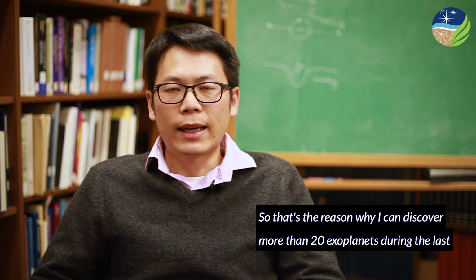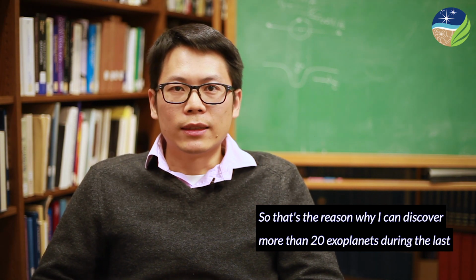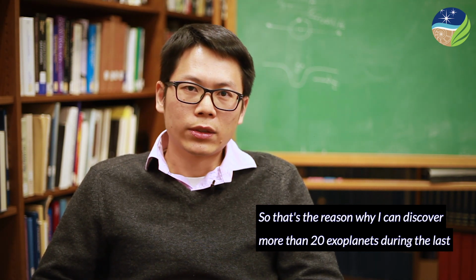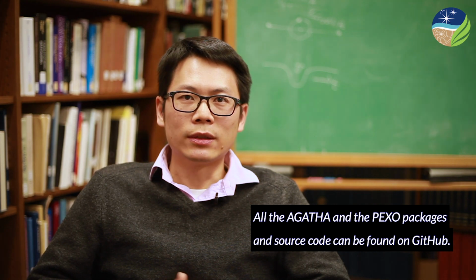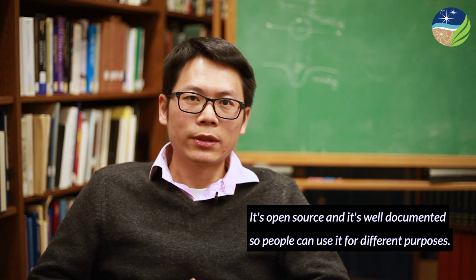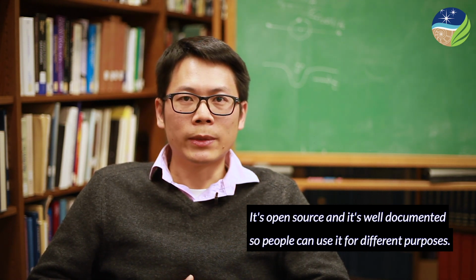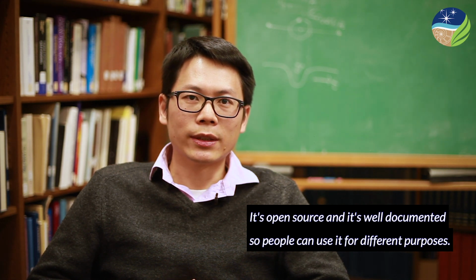That's the reason why I could discover more than 20 exoplanets during my last year here in Carnegie. All the Agatha and the Kepler packages and source code can be found on GitHub. It's open sourced and well documented, so people can use it for different purposes.